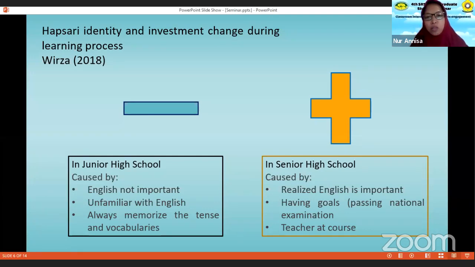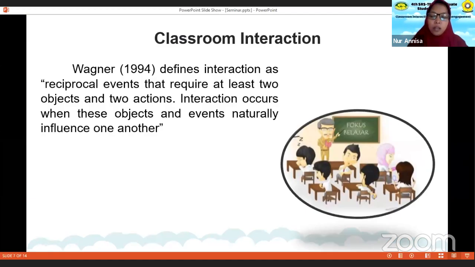He tried to use English. That makes classroom interaction important to gain student investment, as Wagner defines interaction as reciprocal events that require at least two objects and two actions. Interaction occurs when these objects and events naturally influence one another.